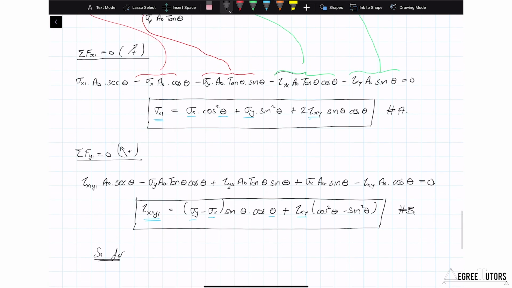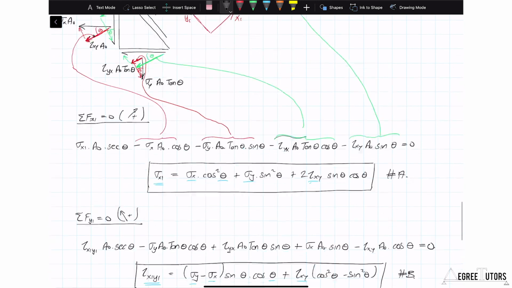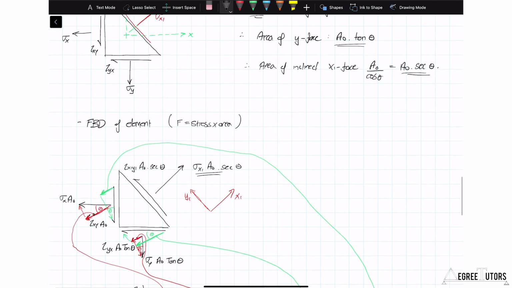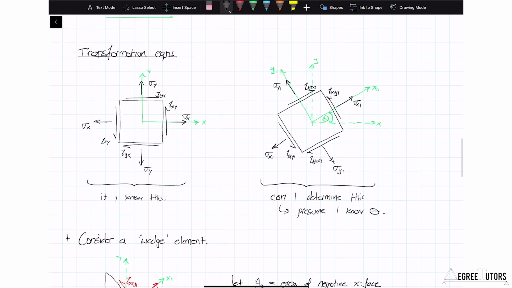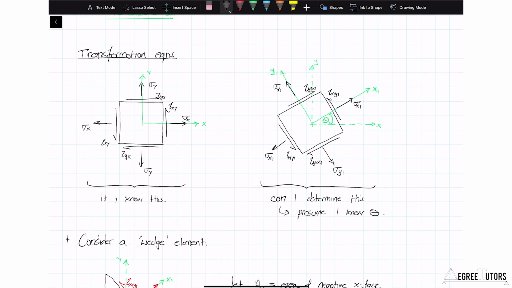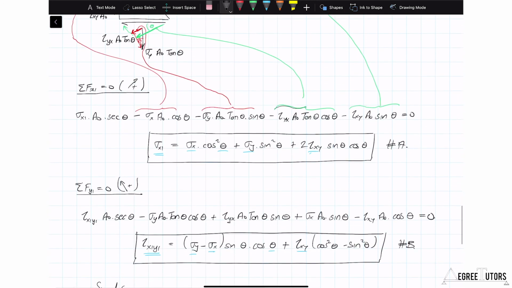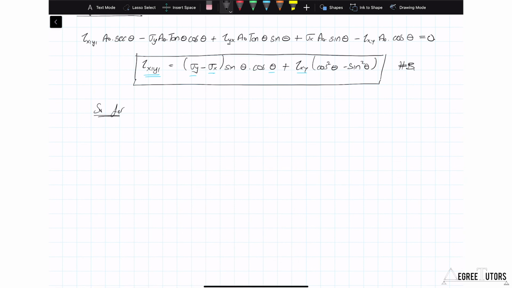Remember to keep in mind, despite the fact that all this gets ugly looking and complicated looking, it's still fundamentally a simple thing we're trying to do. We're trying to say, if I know this state of stress, and if I know my angle theta that I'm changing my orientation to, what are these stresses? And I have derived here fairly simply two equations that are going to give me that.